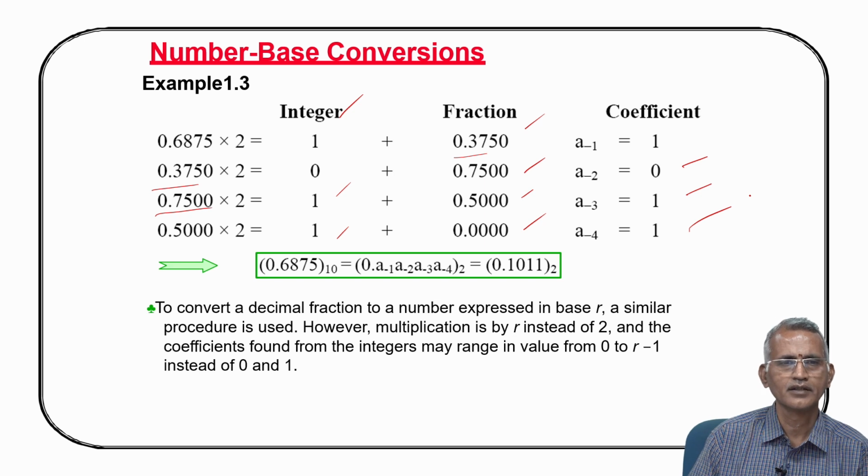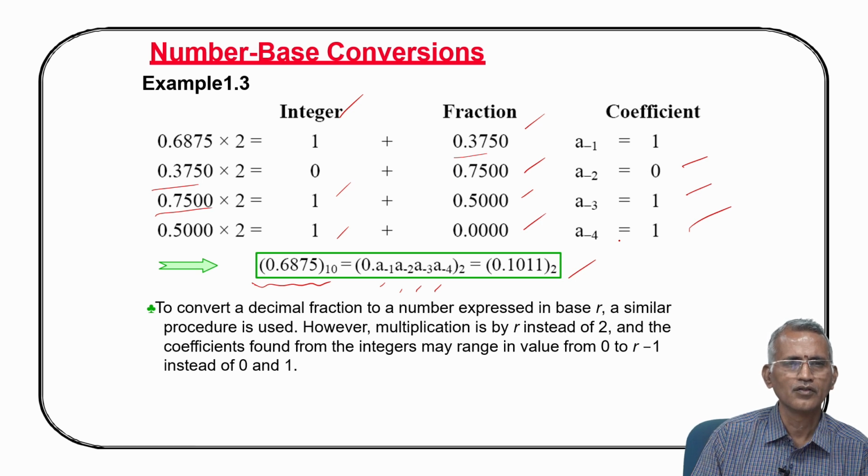This implies 0.6875 base 10 can be written as 0.a minus 1, a minus 2, a minus 3, a minus 4 base 2, which is equal to 0.1011 base 2.